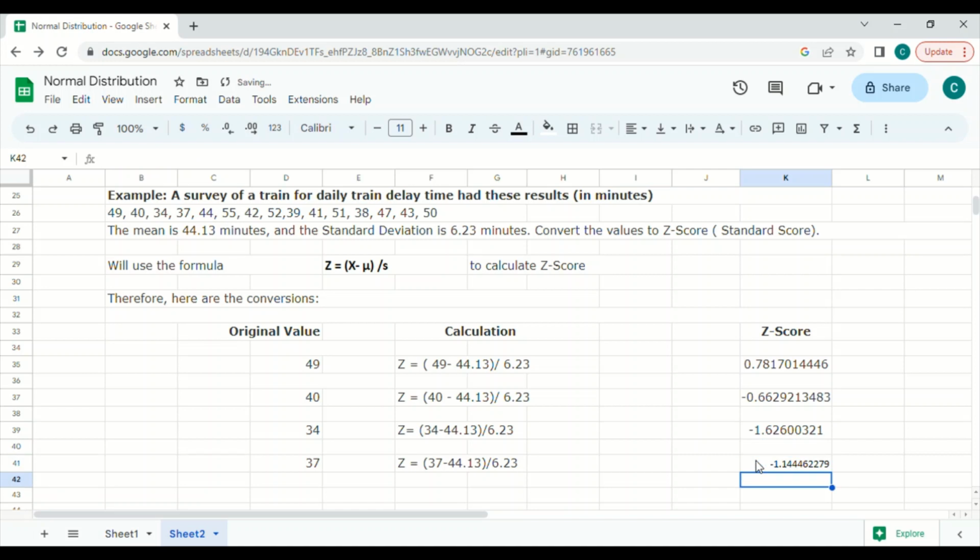Press enter, we will get the z-score value, which is minus 1.14.